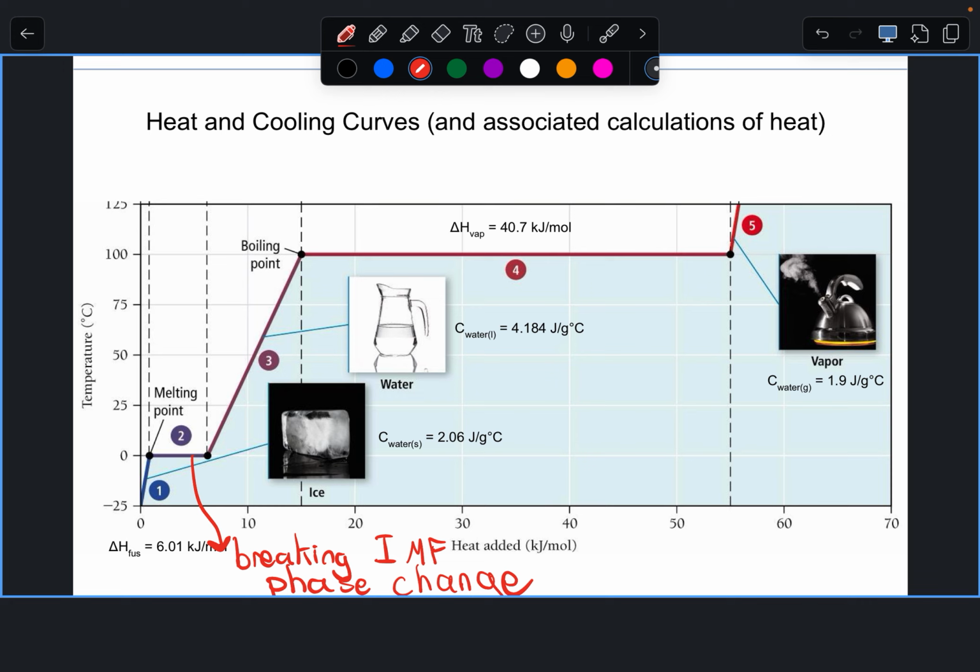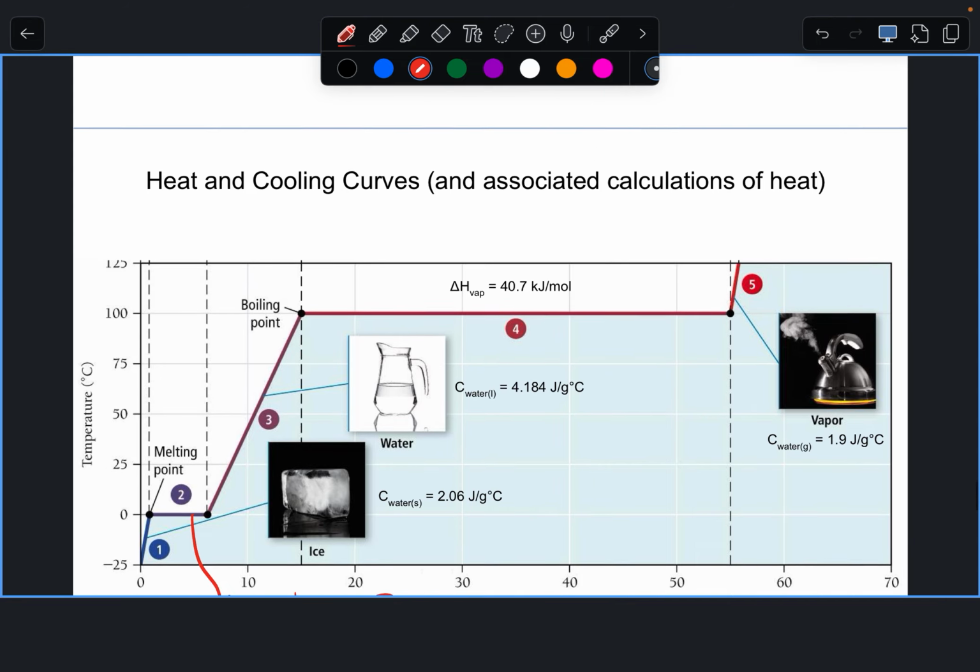Which is one of the reasons why, if you've ever heard that a steam burn is worse than a water burn, it's like boiling water versus steam. That's true because, for one, the temperature might actually be higher, but also, just like with solids and liquids, the vapor phase is at a higher potential energy. So we went up in potential energy. So this is not an energy diagram.